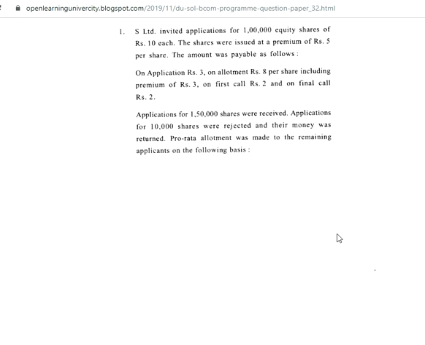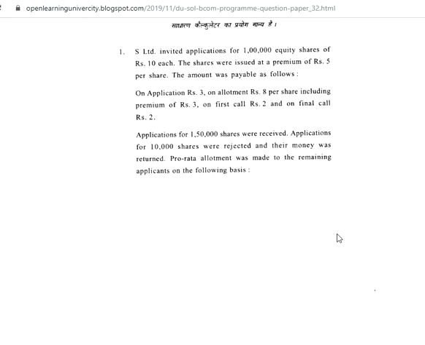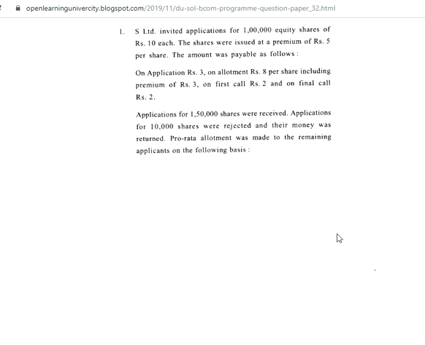Question number 1 है, this is a numerical type question, so you have to attempt it. This question carries 11 marks. So what is the question? The question is that S Limited invited applications for 1 lakh equity shares of rupees 10 each.